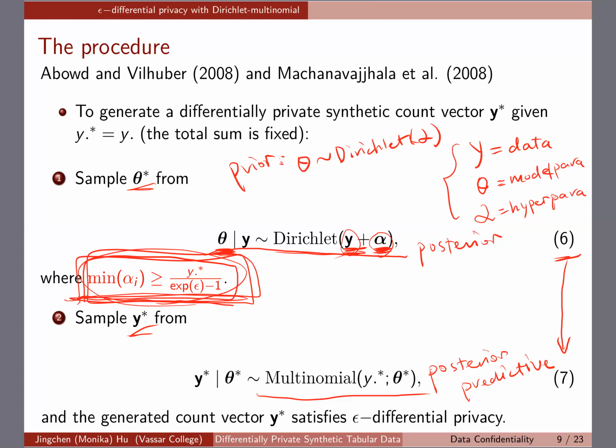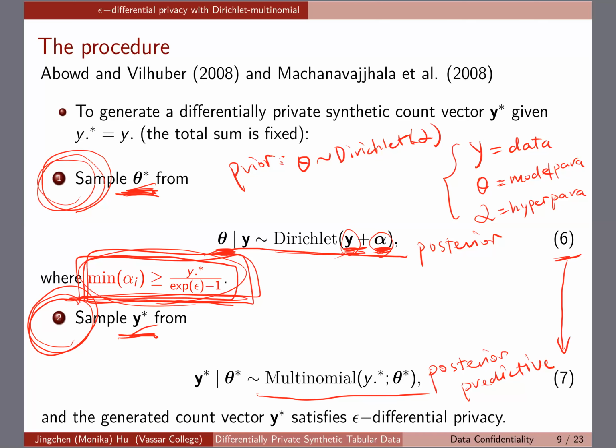There are some really nice properties, which I will mention even more next week when we talk about differentially private microdata, synthetic microdata at the individual level. There is a nice property that guarantees us that if you are able to generate differentially private parameters, like what we do in step 1, then whatever synthetic data you generate in step 2 from differentially private parameters will be differentially private.